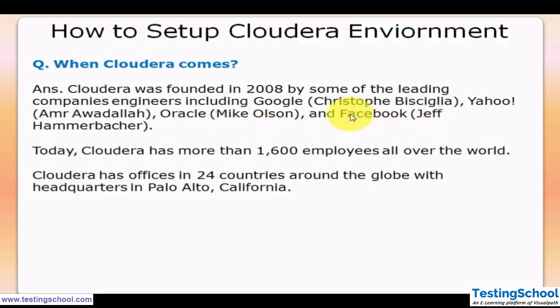These people created the Cloudera environment from its beginning in 2008, and today Cloudera has more than 1,600 employees all over the world and offices in 24 countries around the globe, but its headquarters is in Palo Alto, California. So this is the background of Cloudera, so that we know where it comes from and when it was initiated: back in 2008.